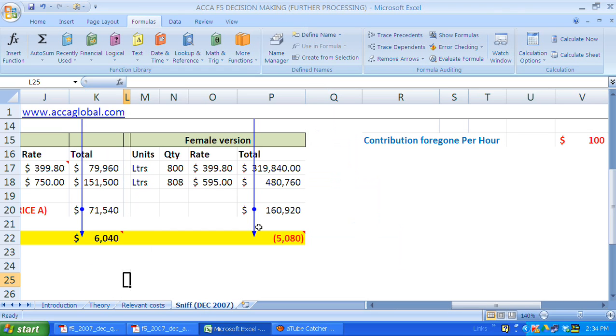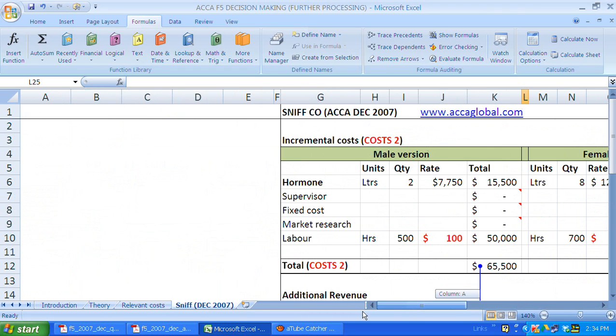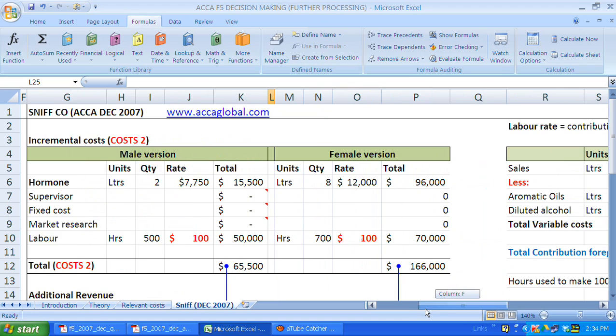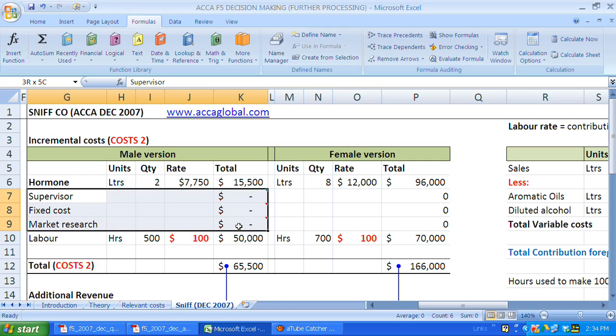In this complicated question of Sniff Co, we try to evaluate the additional costs. So we had hormone costs, which are 15,000. Then supervisory costs, all these costs were not relevant, so they were not future cash flows, they were not incremental cash flows.